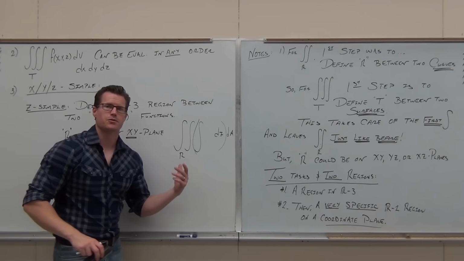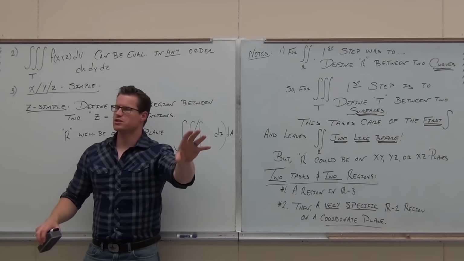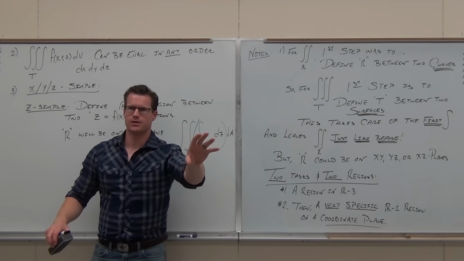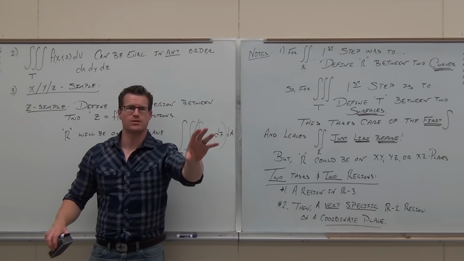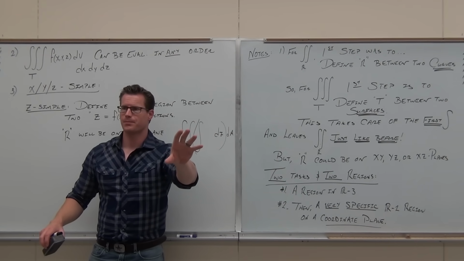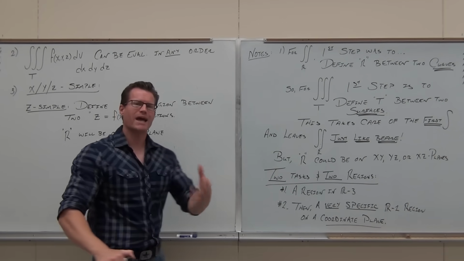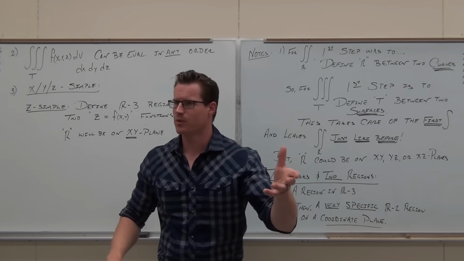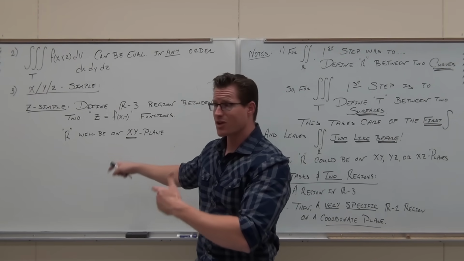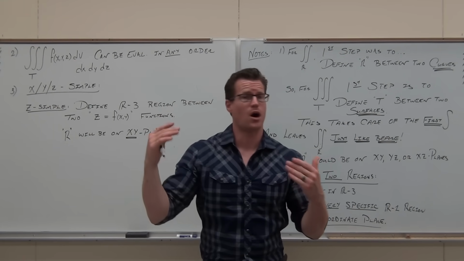Now, that's a wonderful thing because we spent 6 hours, I looked at the videos, it's like 6.5 to 7 hours doing double integrals. It's a long time, all right? So hopefully you know all about double integrals. Why do you think we spent so much time on them? Because when you get triple integrals, you automatically get double integrals. You automatically get a region.